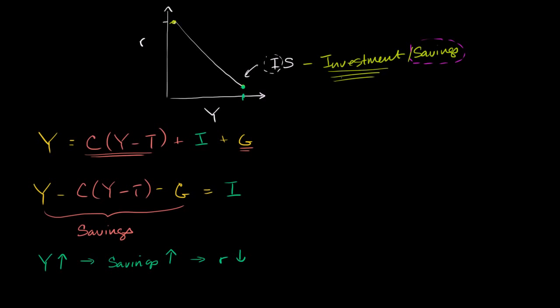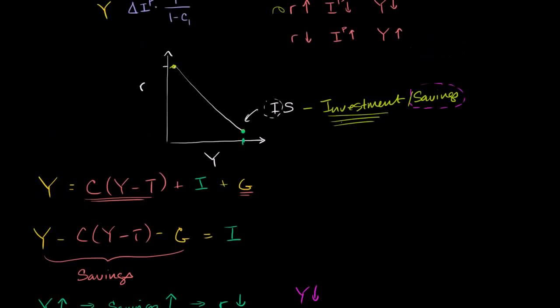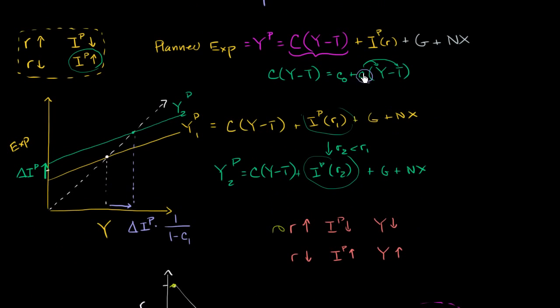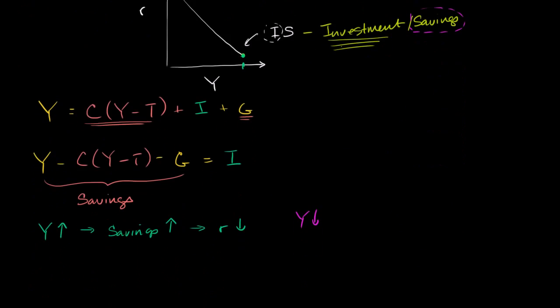And you view it the other way around. If you have a lower income, this thing is going to also decrease, but it's not going to decrease as much as this did because the marginal propensity to consume is less than 1. We saw that up here. And so in aggregate, the savings are going to go down. Once again, we hold government spending constant. So in this situation, savings are going to go down.